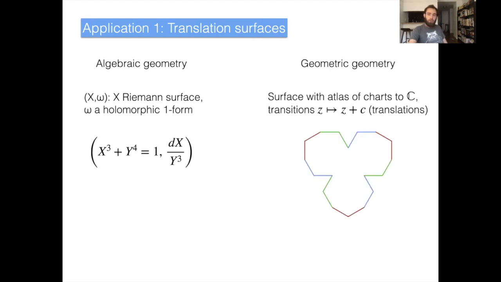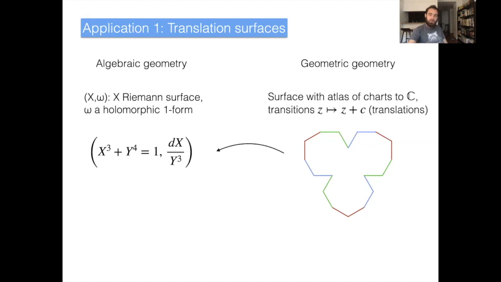Here's another picture in the same style of the picture I showed on the first or second slide of a translation surface. Here you can see that I have three different colors, and within each color there's exactly one pair of parallel sides, and all of those are identified by translations.